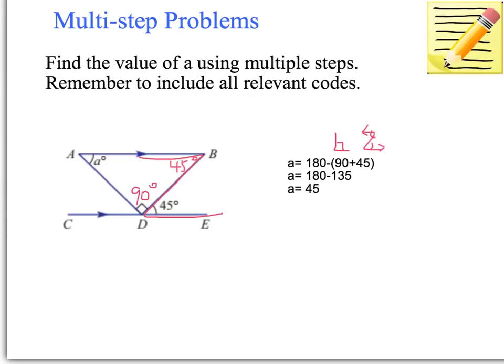So therefore 180 minus 135 equals 45 degrees. Okay, so hopefully you have come to some understanding of how to work out multi-step problems with parallel lines, and we'll do some in class.